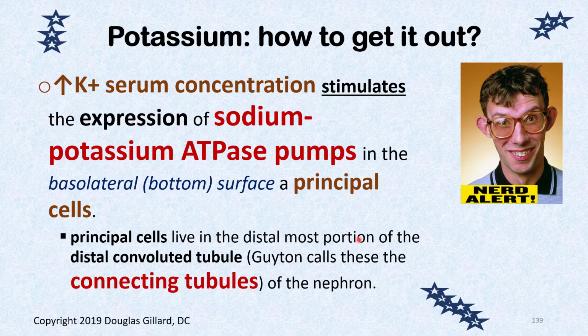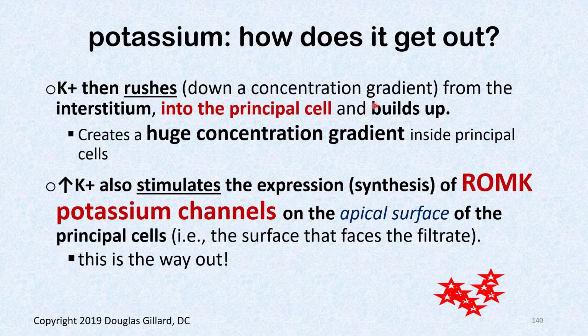The principal cells, we already said where they live, but they live in the distal convoluted tubules. Guyton calls these connecting tubules. Physiologists tend to call these, anatomists don't, but physiologists, Sherwood, another big physiology book, calls them connecting tubules. So then sodium rushes down a concentration gradient into the principal cell. So great, but now we got to get potassium out.